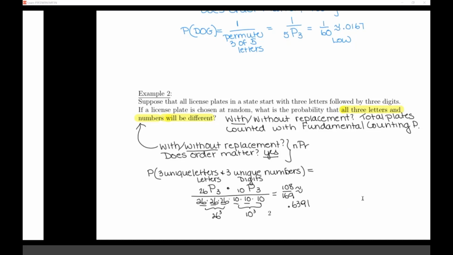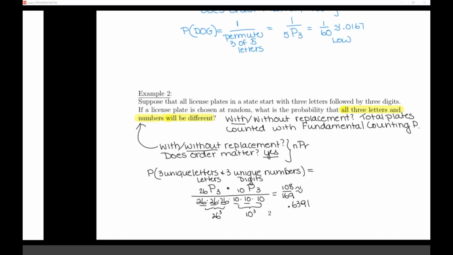If you're choosing letters, you're only choosing 3 out of 26, so it's likely you'll pick 3 different ones. It's slightly less likely that you'll pick 3 different numbers, but still you're only choosing 3 out of 10.